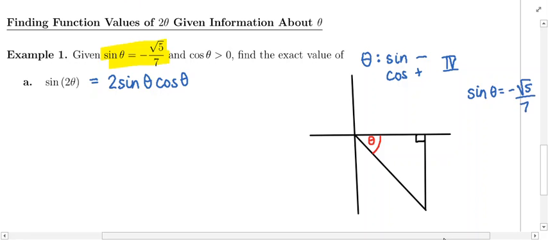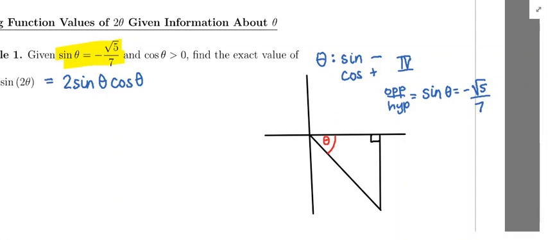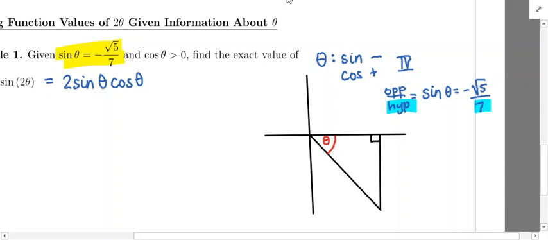So this is going to allow us to label the sides of the triangle here. We know that sine is opposite over hypotenuse. Hypotenuse has to be positive, so the hypotenuse here has to be 7. And then if we equate the tops of the fractions, the opposite side needs to be labeled with negative square root of 5.